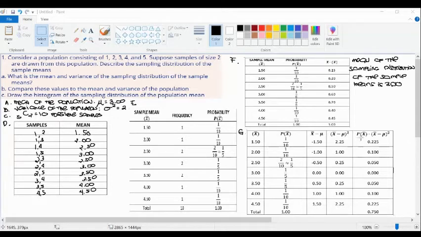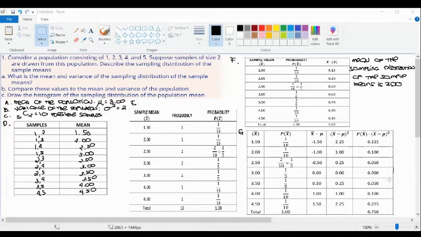So probability of your sample mean times the squared difference of your sample mean minus your population mean. So we already have this, which is 2.25, and then we're going to multiply it to your probability. So 1 over 10, or 0.10, multiplied by 2.25 will give you an answer of 0.225, and so on and so forth.